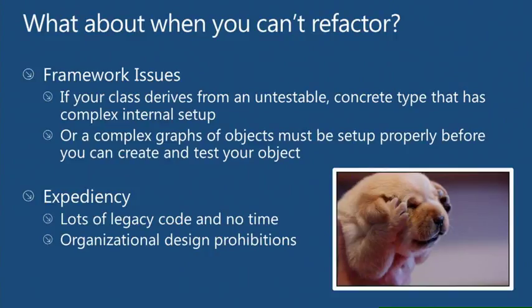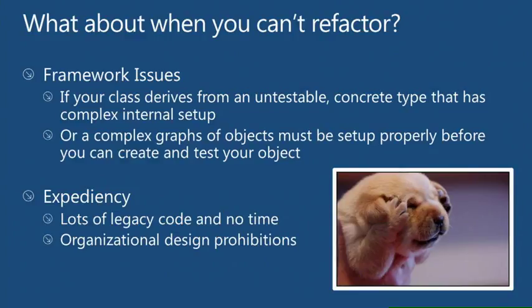You may also have a situation where the only way that the object can really be used in a sensible way is within this complex graph of objects. You have to have all of these things all come together. And there's a lot of places where this occurs if we're doing anything in the web. We get HTTP requests and request messages and response messages and all these things. And it all has to be there in one way or another. And of course, we may just decide we don't have time.